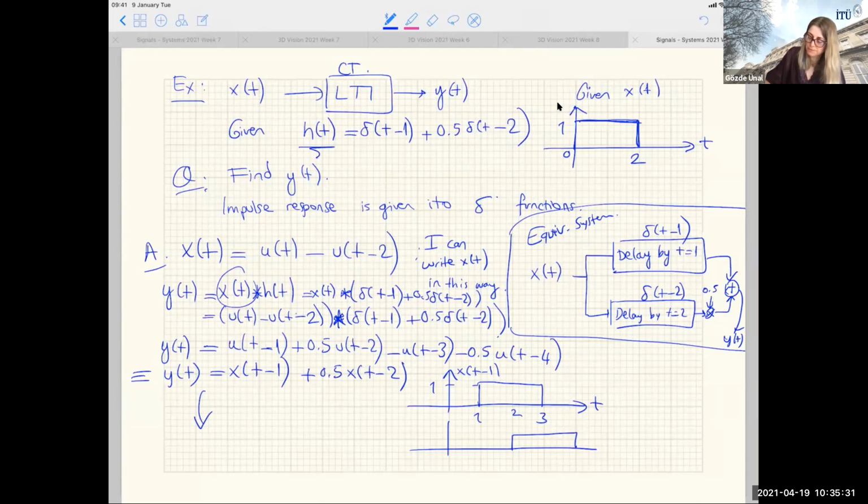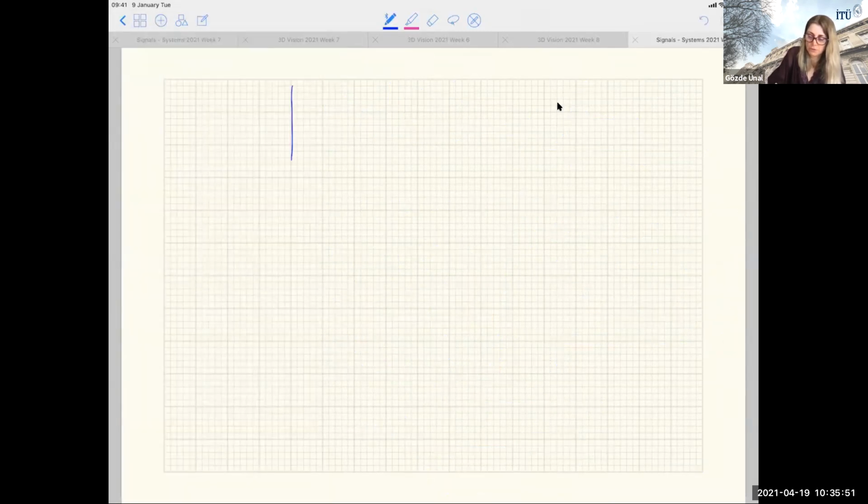This is 0.5 times x of t minus 2. Now add them up, right? I won't fit it here. We can probably fit it on a new page, so let's do it. In the end, probably we should have done it here. But anyways, so we will have this, guys.